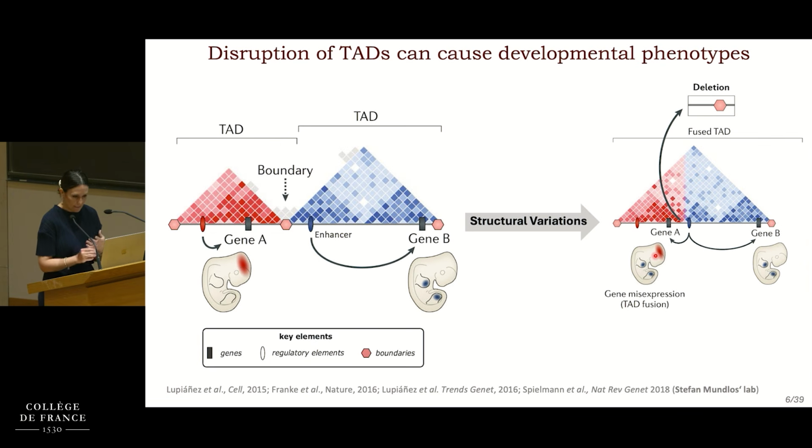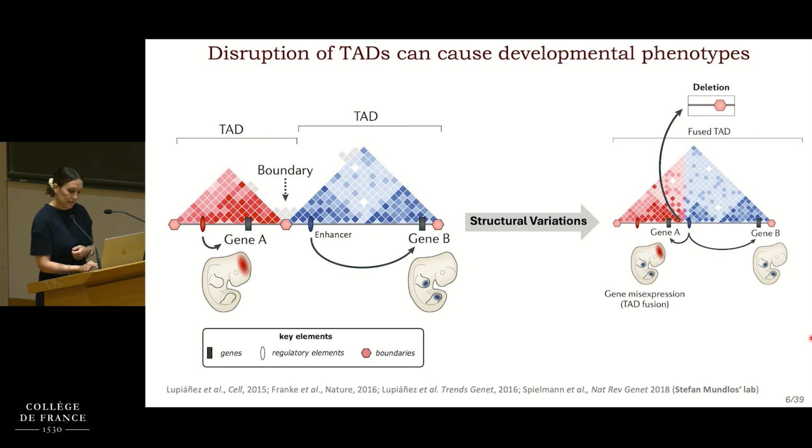Like in this example here, where the boundary element is deleted and these two adjacent TADs are fused. Now the regulatory content is mixed. So this enhancer that normally activates gene B in the limb is now contacting gene A, giving an ectopic activation in the limb and possibly a phenotype. As I said, this was revealed to be a mechanism for some congenital diseases.